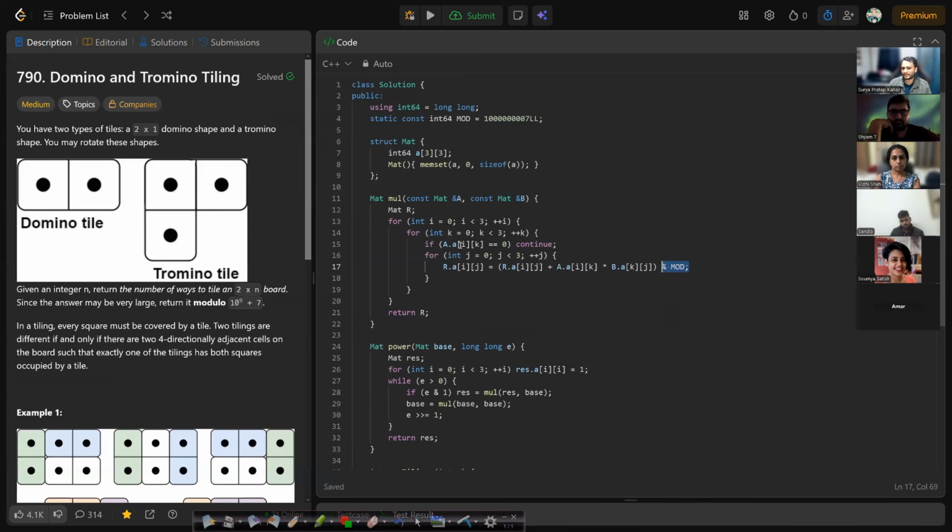In this code, however, I'm using a dot a, r dot a, because these are objects of this structure, right? An A object and a B object. So if I have to access this A, then I have to write object dot A. If it is a pointer type, then I have to give an arrow, isn't it?